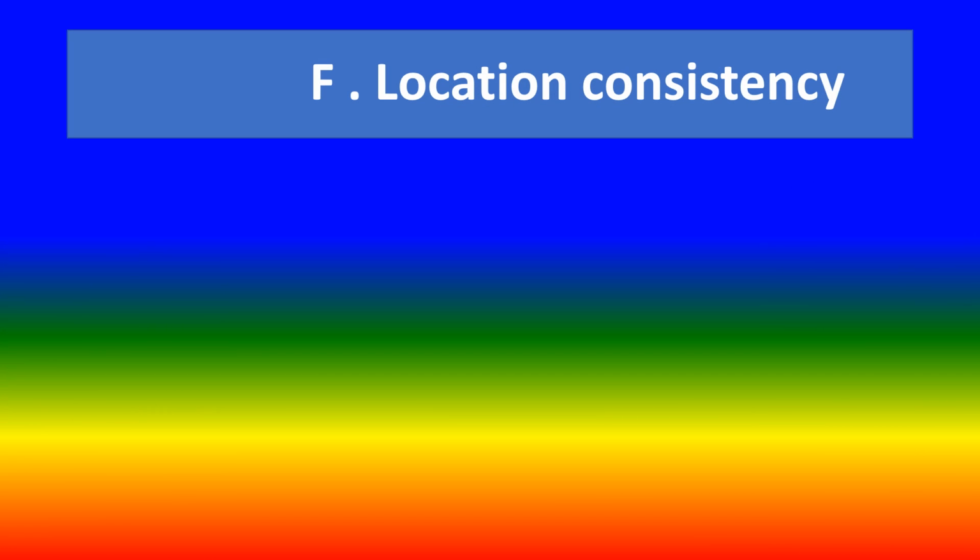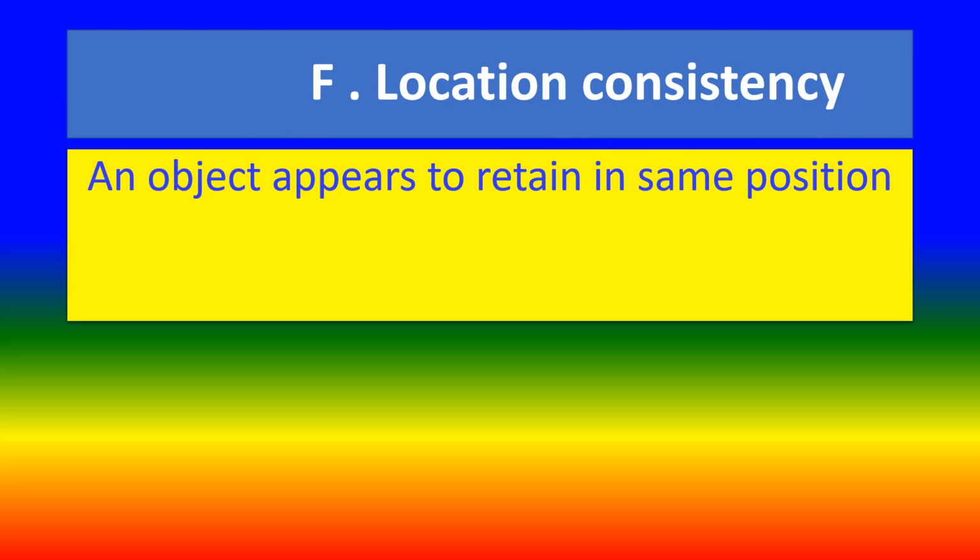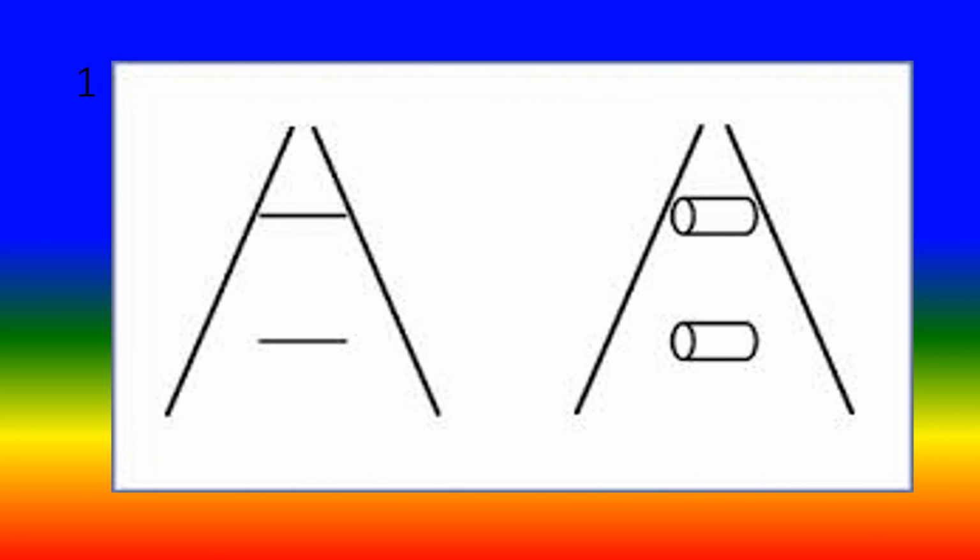F, location consistency. An object appears to retain the same position even as we move about. Look at these pictures expressing location consistencies.